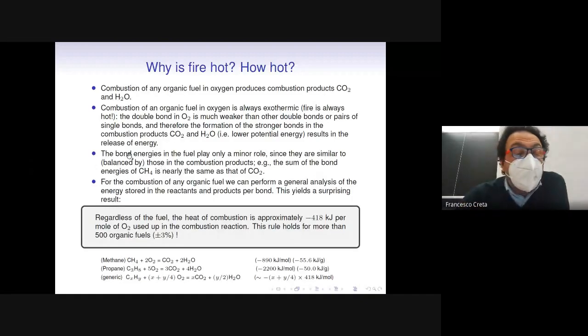So in fact, the bond energy of the fuel itself plays a minor role. In some sense, they're similar, or they're balanced by those of the combustion products. What is not balanced is the oxygen.